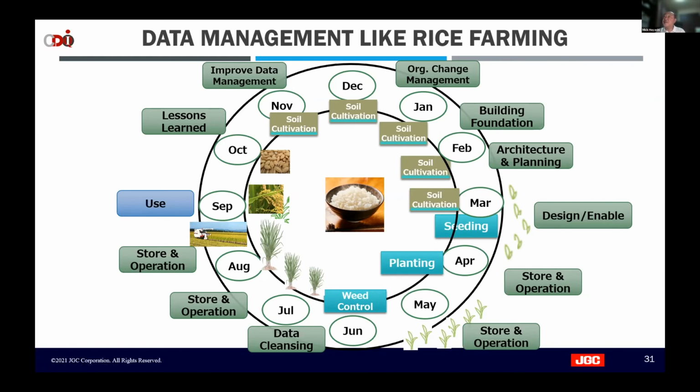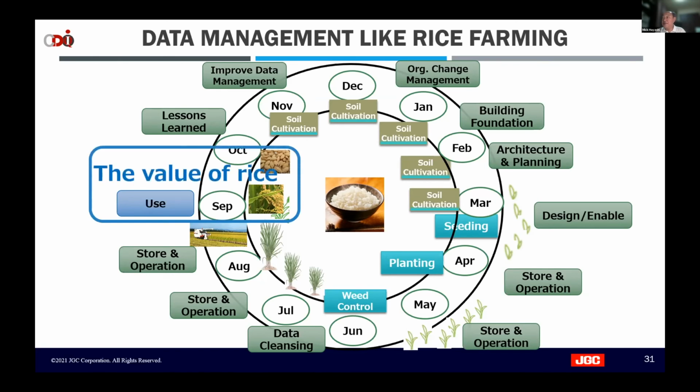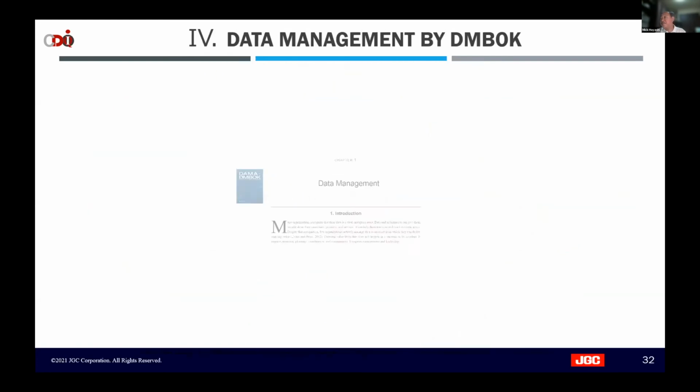And we have lessons learned and improved data management. Here is the value of the rice: you can see a lot of preparation. It's just 2 months out of 12 months that produce value. The other months are actually cost.